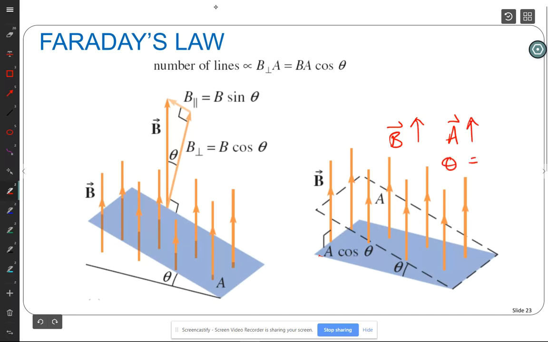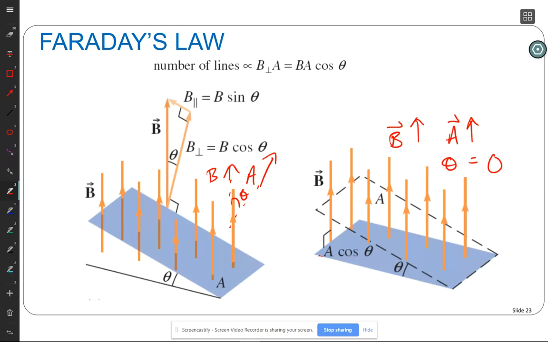So theta, the angle between the two, is 0 here. But in this case, B is up, but my area is in the normal direction like this. And so there we have the angle between them is not 0. And there's going to be less flux.